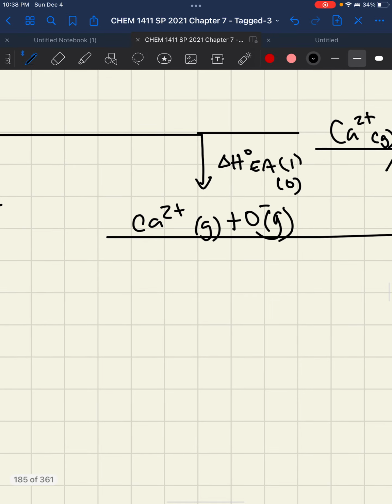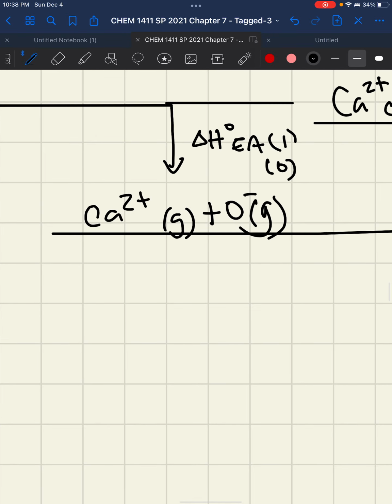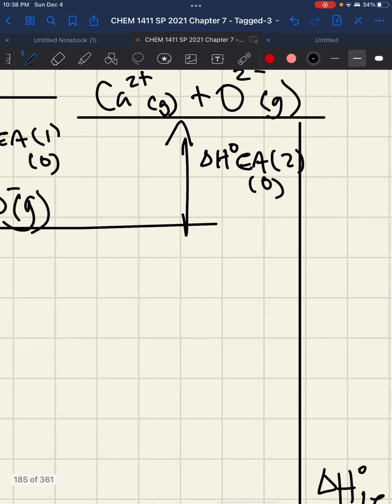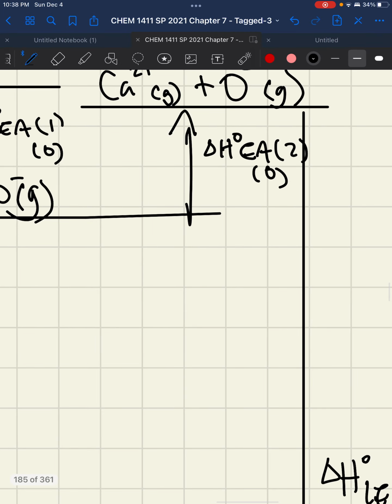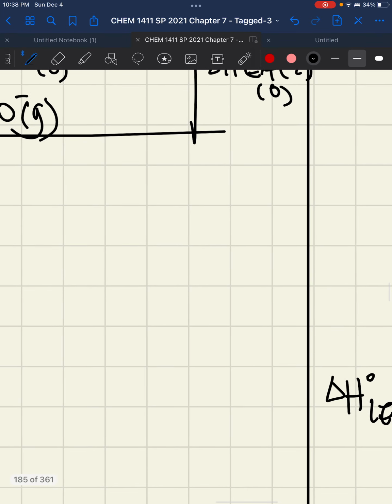Now it's going to be electron affinity, since it's essentially adding electrons. The first one is going to be exothermic, and the second one is endothermic since, as I mentioned before, of the repulsion. And then the lattice energy as a last step.